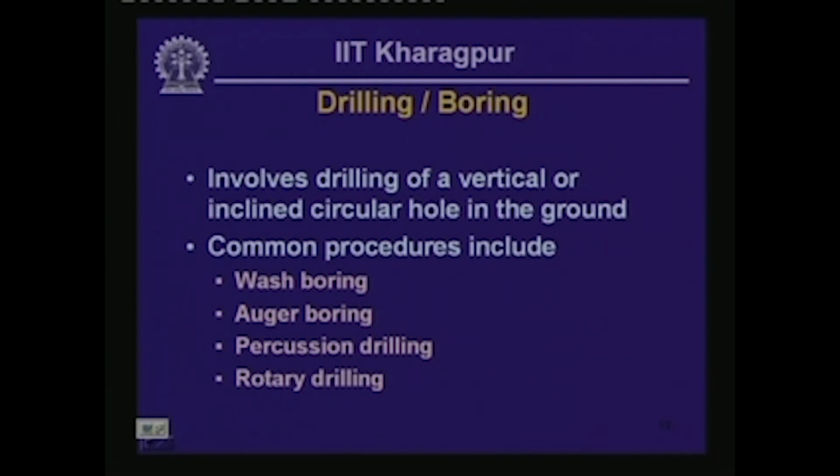The common procedures used for drilling the hole include wash boring or auger boring, percussion drilling, and rotary drilling. We are going to look at the details of all these individual drilling processes as we continue with this lesson.